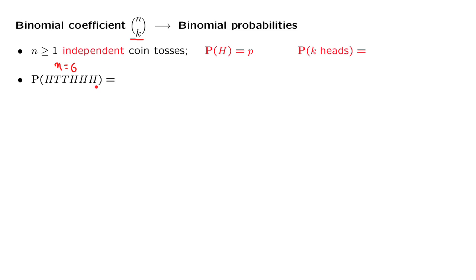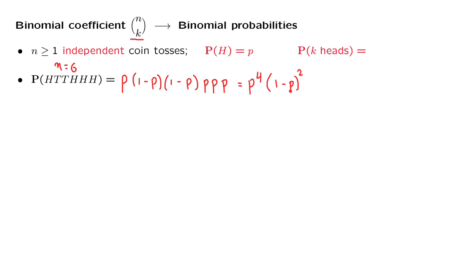So the probability of this sequence is equal to the probability that the first toss is heads times the probability that the second toss is tails, which is 1 minus p, times the probability that the third toss is tails, which is 1 minus p, times the probability of heads, times the probability of heads, times the probability of heads, and by collecting terms, this is p to the fourth times 1 minus p to the second power.